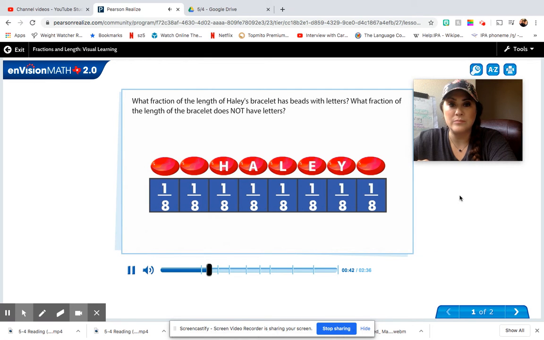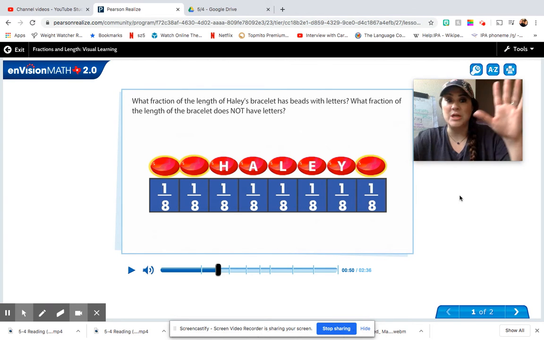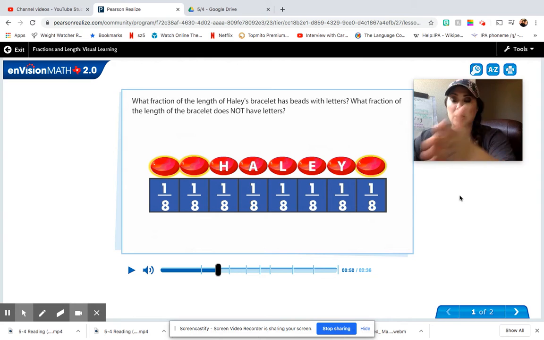What fraction of the length of Haley's bracelet has beads with letters? What fraction of the length of the bracelet does not have letters? Okay, I know a lot of you can already identify this. I don't want to jump ahead, or else you'll get bored with the video. But we know that 8 is going to be our denominator, because that is the unit fraction that is representing how many equal parts this bracelet's divided into.